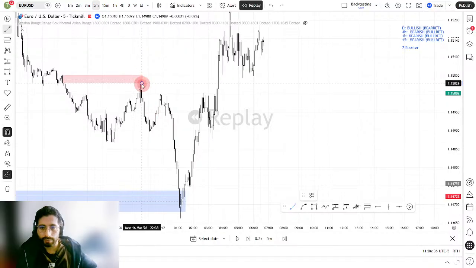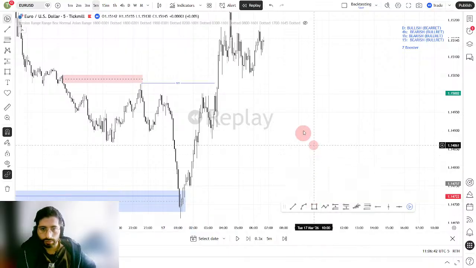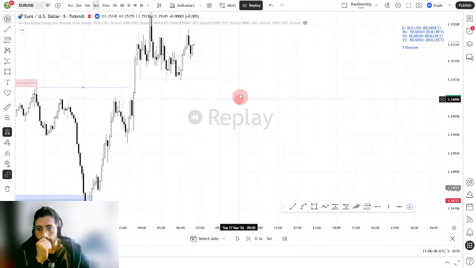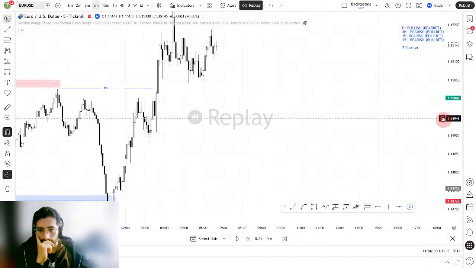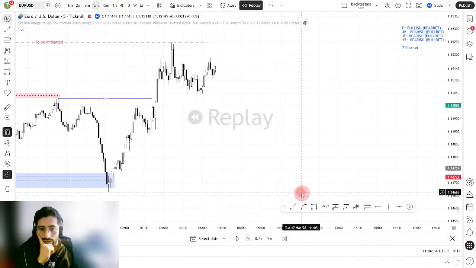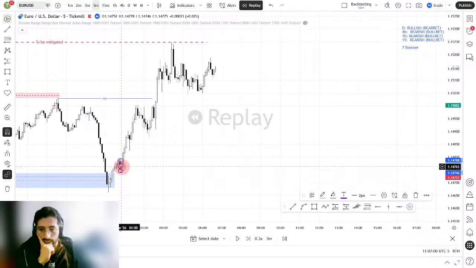The price broke it with a body of the candle, which means that it is now a bullish impulse, right? Boom, in 5 minutes time frame. And what we are actually looking at here is the reaction or the point of interest. So one of the points of interest for me would be this order block, which is the extreme of range beginning.